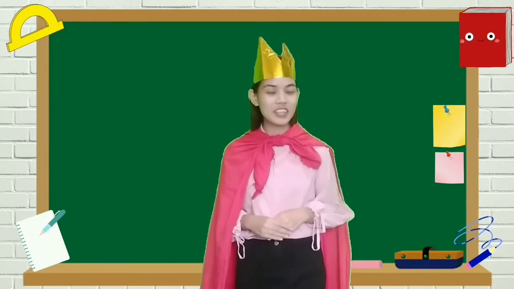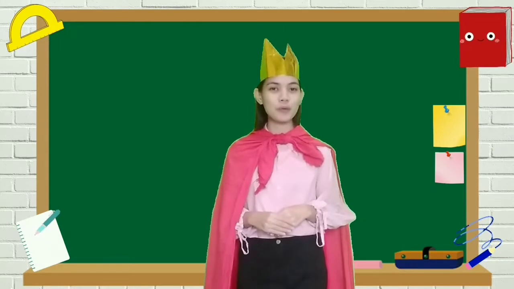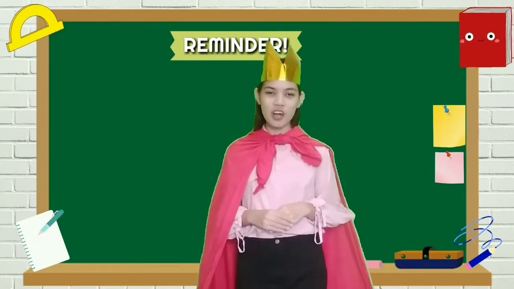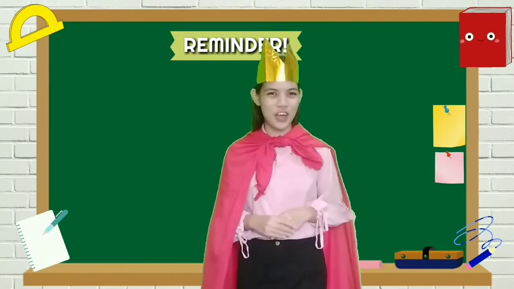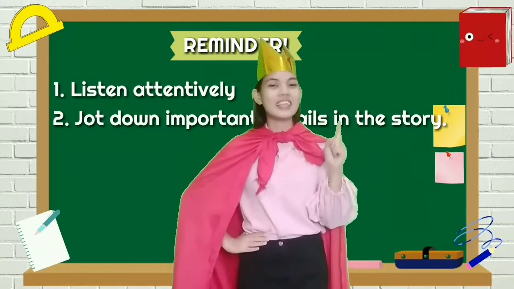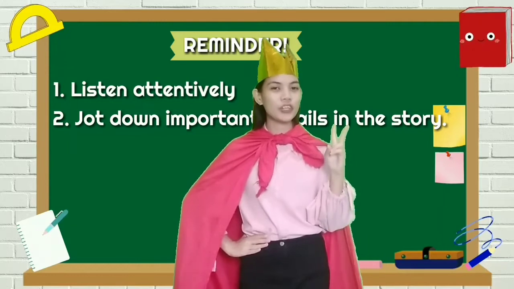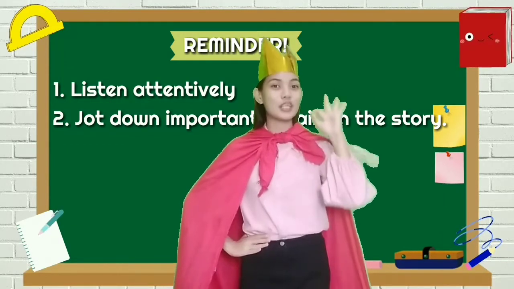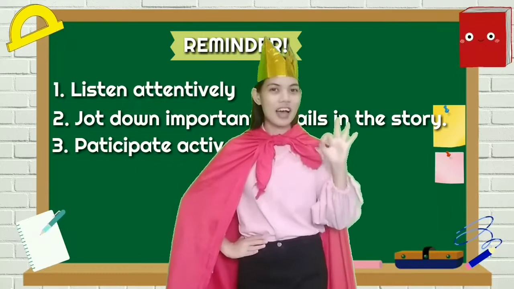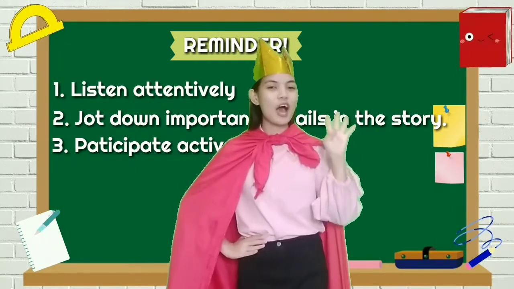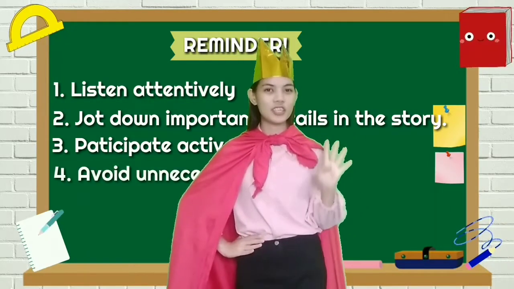But before that, what are the things you should remember when listening to a story? Very good. Number 1. Listen attentively. Number 2. Jot down important details in the story. Number 3. Participate actively. Number 4. Avoid unnecessary noises.